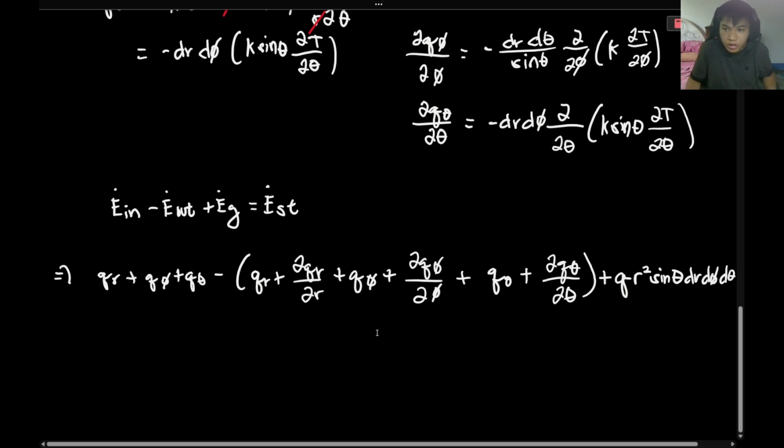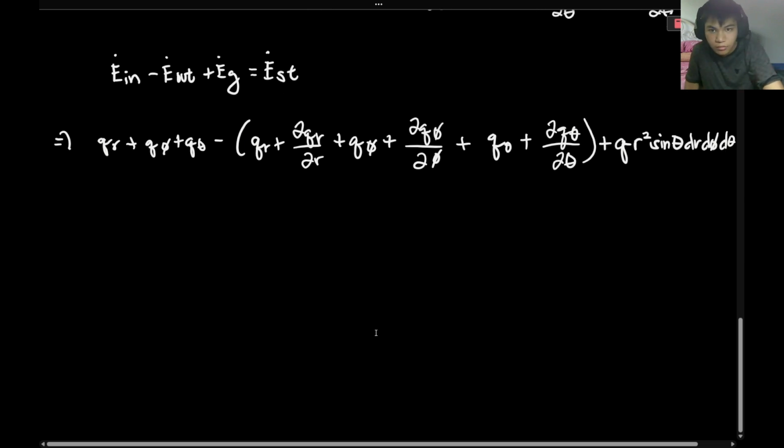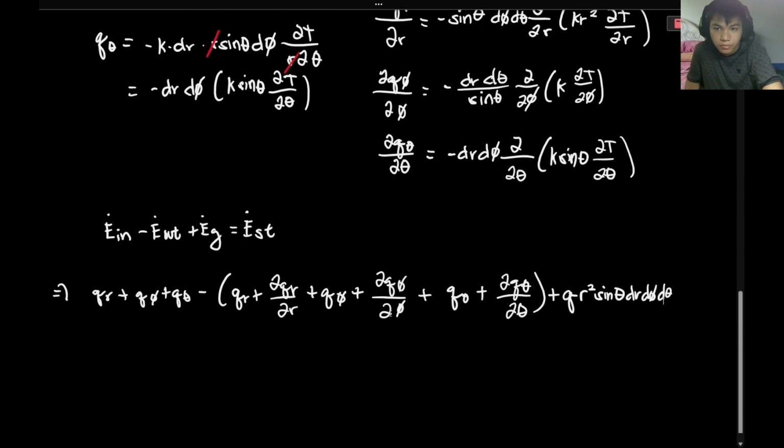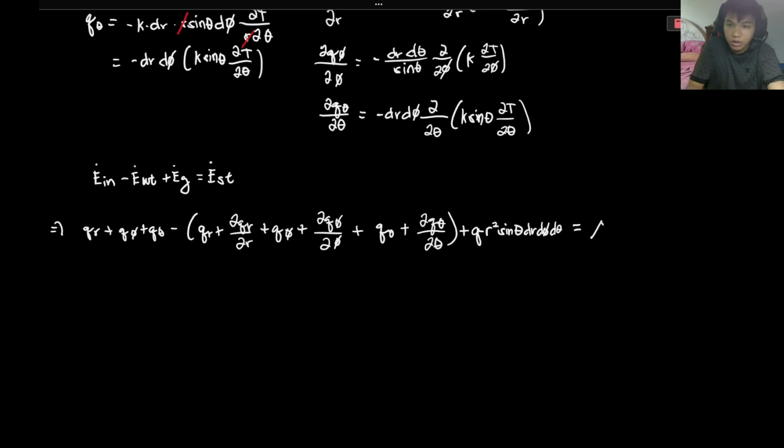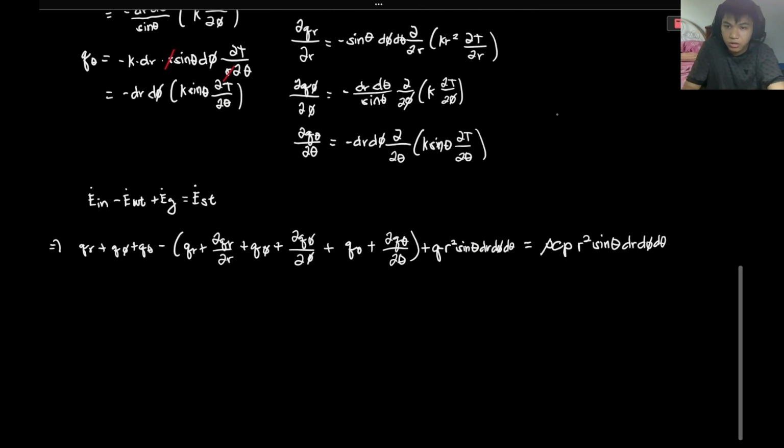So I guess we can just extend this. Hold on, let's extend it a bit. That is equal to our energy stored, which is rho Cp, and then again our differential control volume, d theta, partial derivative of temperature with respect to time.